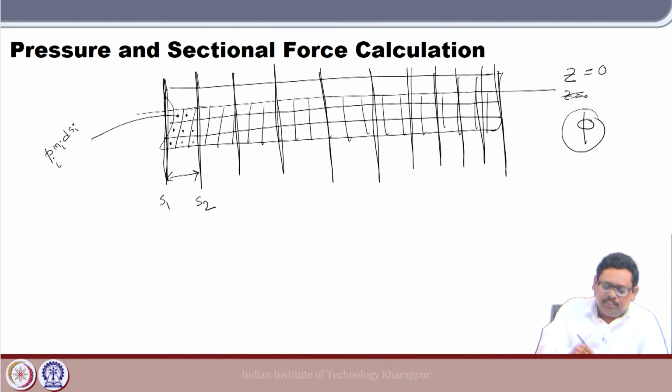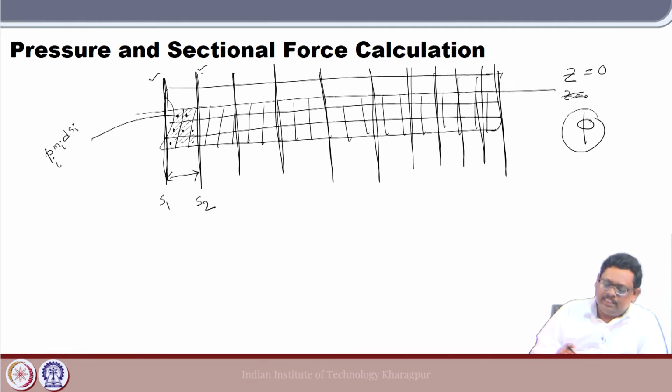So, this is my overall force between these two sections, and then I can average out this force and distribute half here and half here. So, this is the idea.